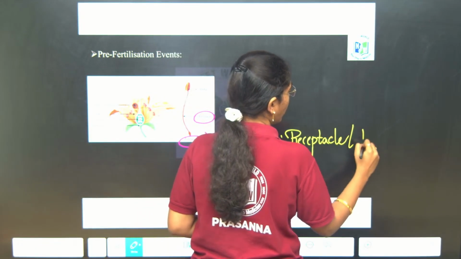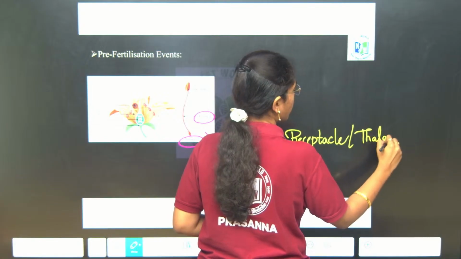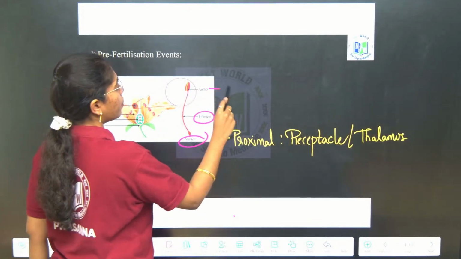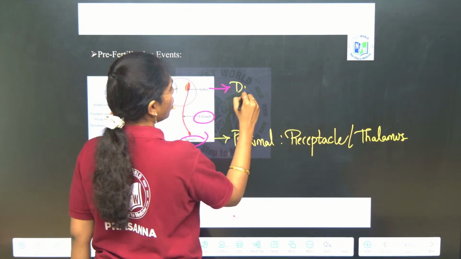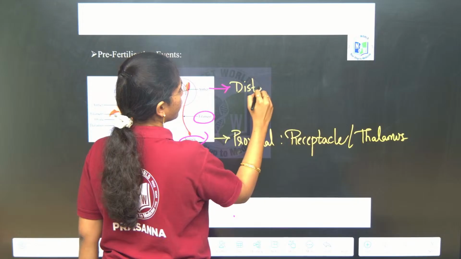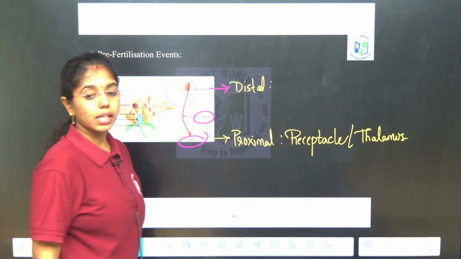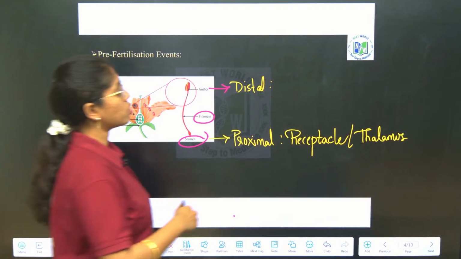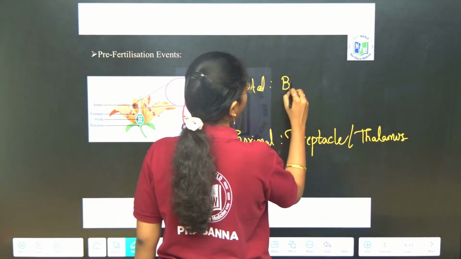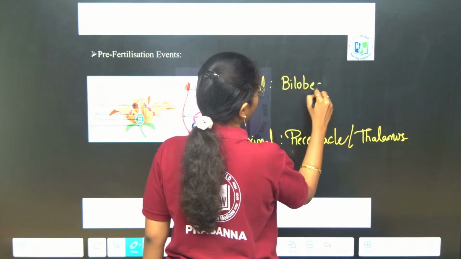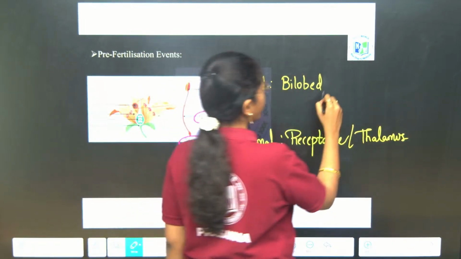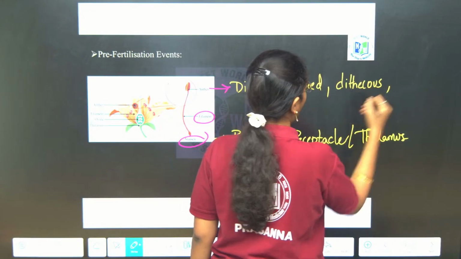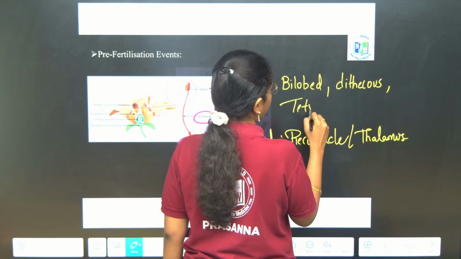Fine, ma. The distal end of the filament is attached to anther, and the anther condition in most of the angiosperms is bilobed anther. Okay, bilobed, dithecous or tetrasporangiate.